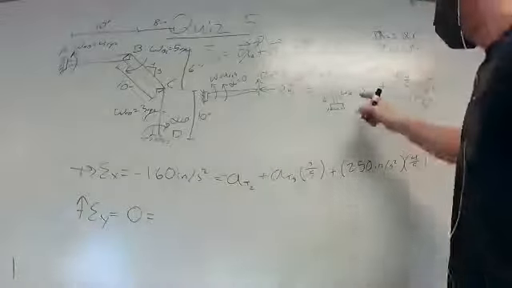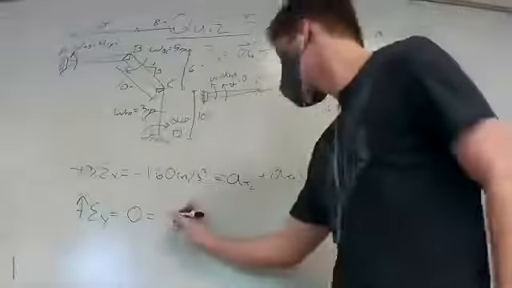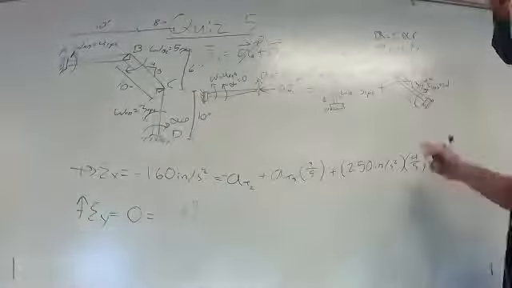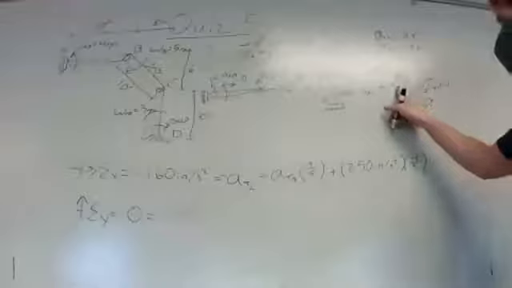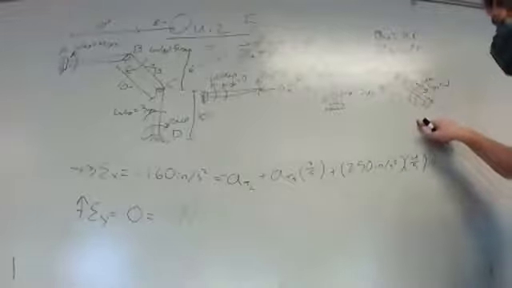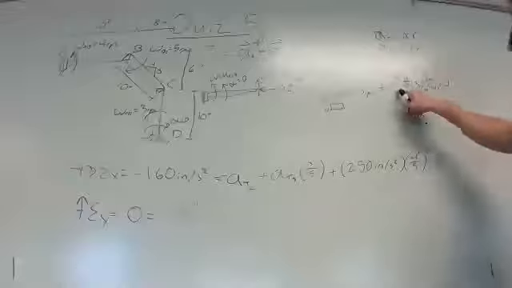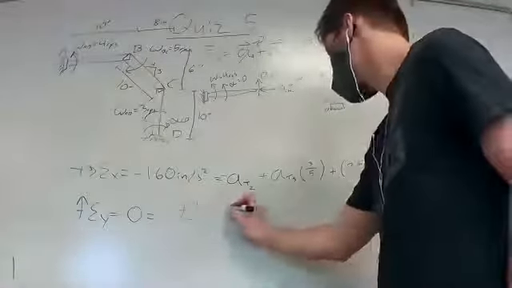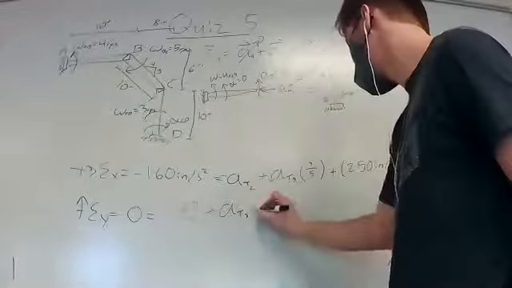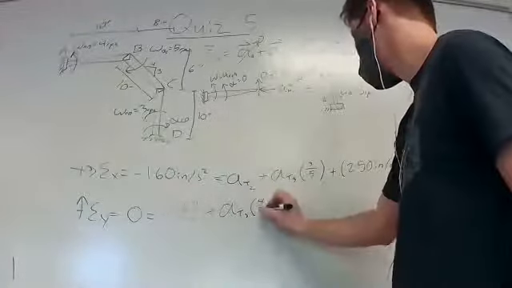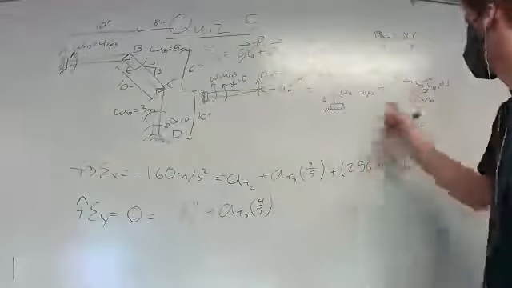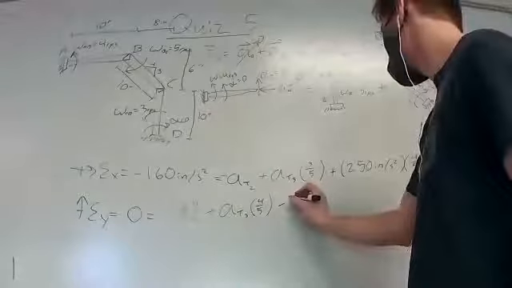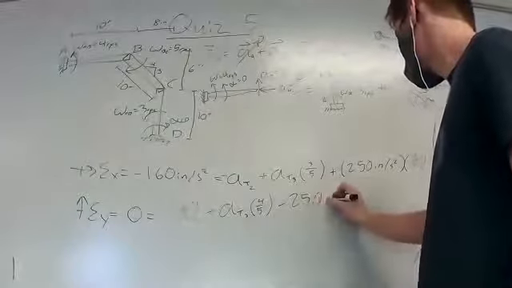So we're going to have 0 minus 90, and then the y components of our third diagram. The third diagram has AT3 going up, and then AN3, which is the 250, going down.